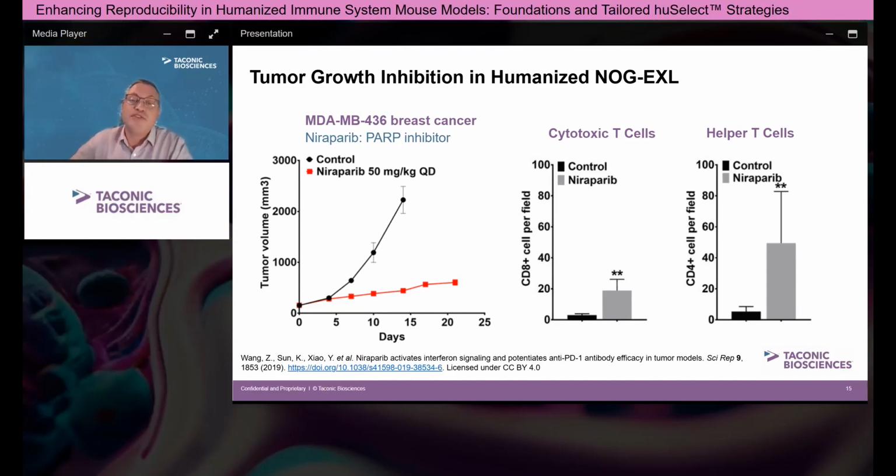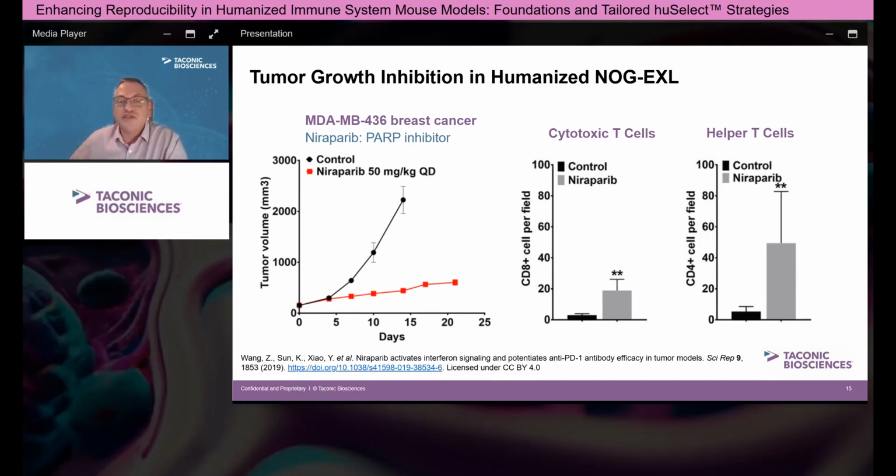As I mentioned, these have been used extensively to study various drug candidates. These are some data from a publication looking at combination therapy of PARP inhibitor as well as a checkpoint inhibitor. I'm showing here first just the PARP inhibitor alone. So again, this is looking at the growth of a breast cancer tumor, in this case MDA-MB-436, within the humanized NOG-EXL.